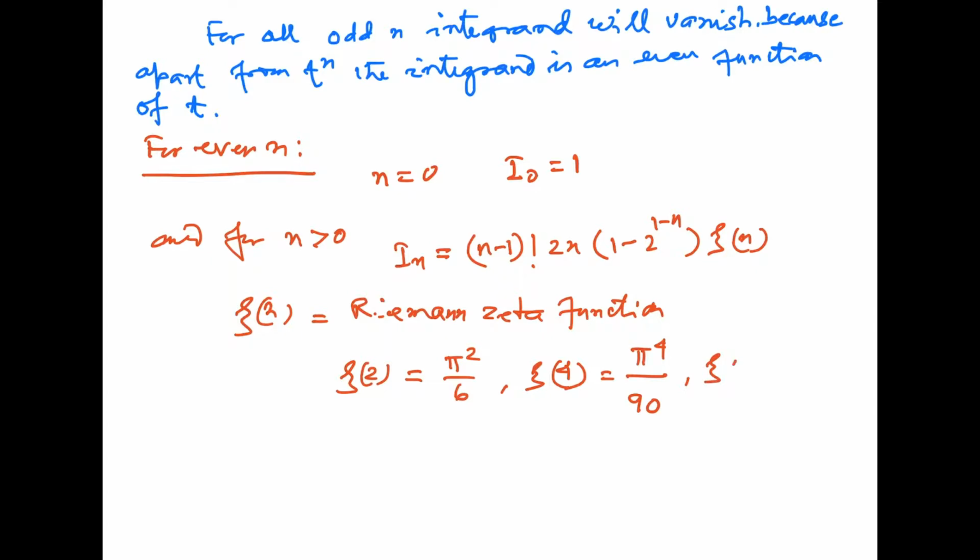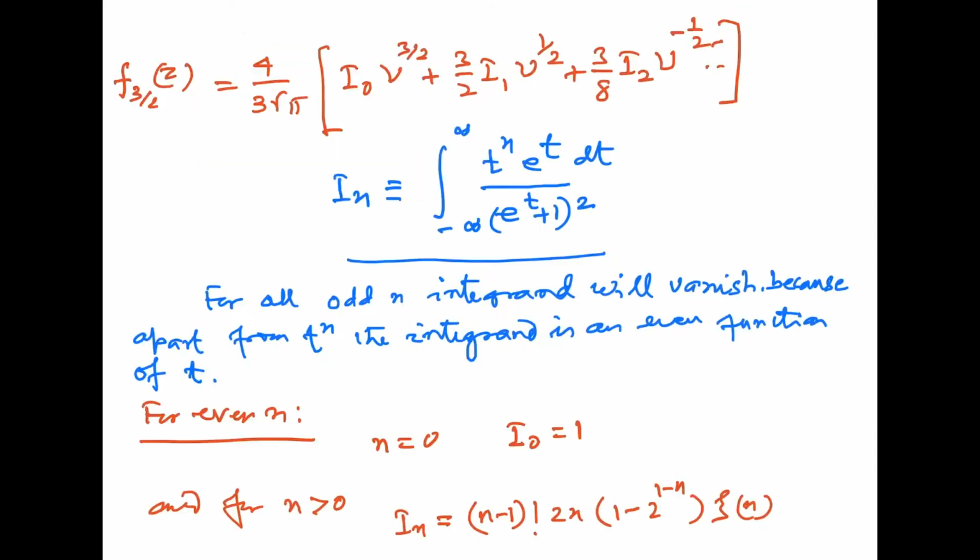And zeta 6 is pi to the power 6 divided by 945, and so on.